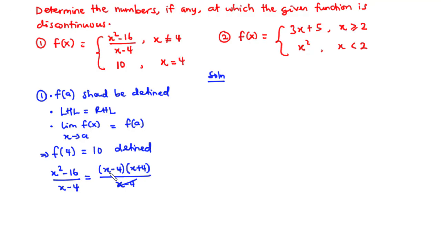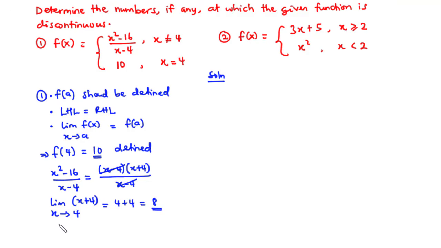So we cancel out x minus 4, and then we are left with x plus 4. Therefore, the general limit of the function x plus 4 as x approaches 4 is equal to, now basically we are going to substitute 4 into this limit. We have 4 plus 4, and that is equal to 8.